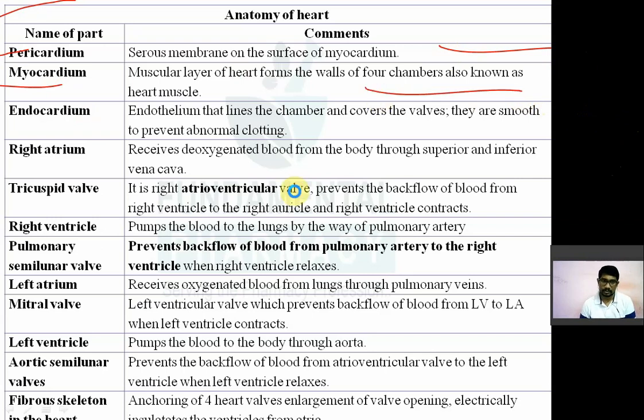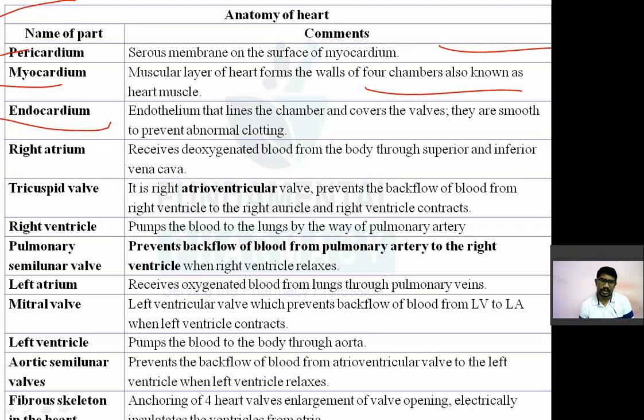The endocardium is the inner layer, made up of endothelial lining. It is very smooth to prevent abnormal clotting, because if there is a rough surface in the inner layer of the heart, there will be clotting of blood. Now the right atrium will receive deoxygenated blood.